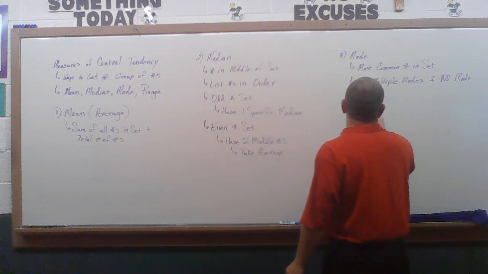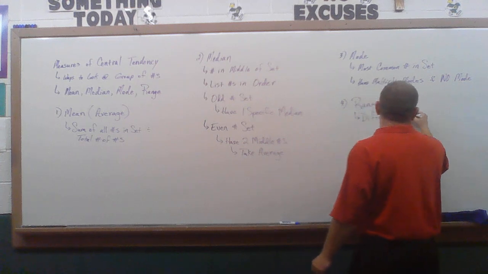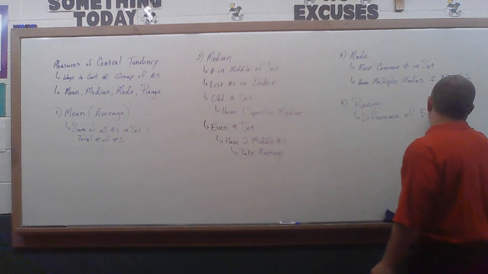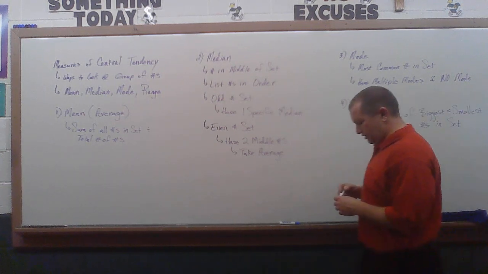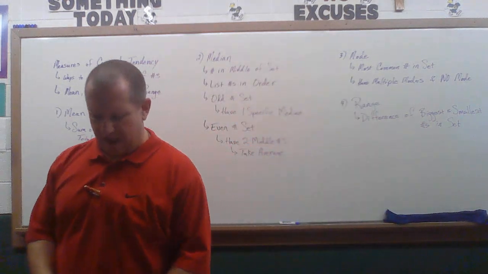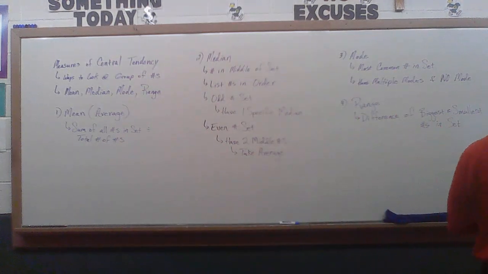So the range is just the difference of the biggest and smallest numbers in the set. And I don't think this book really goes into that. But again, that would be something that might end up on your ACTs or something.